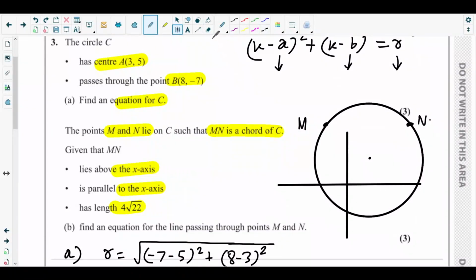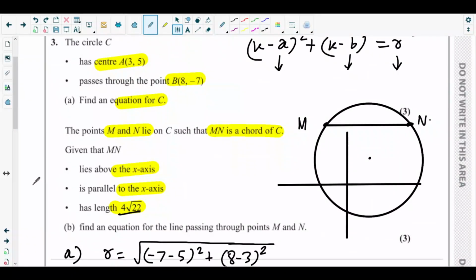This is just an assumption. MN is a chord which is parallel to the x-axis, and its length is 4 square root of 22.